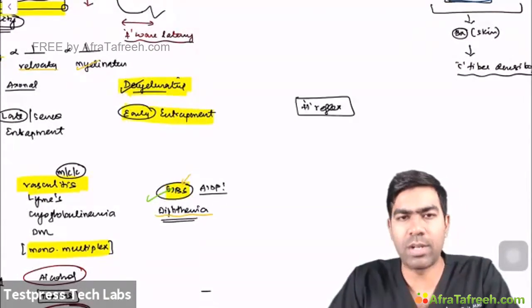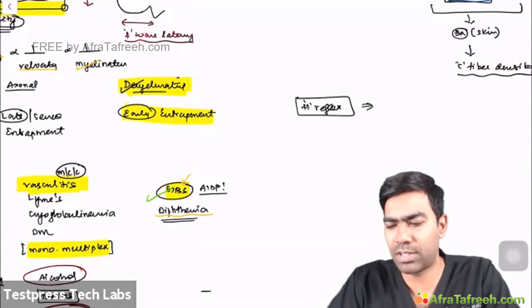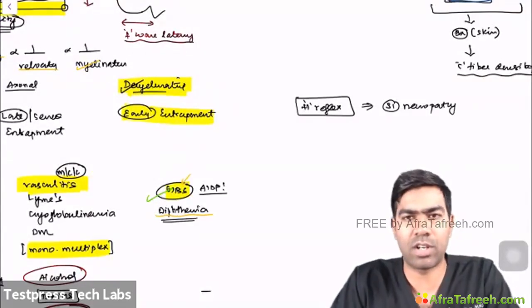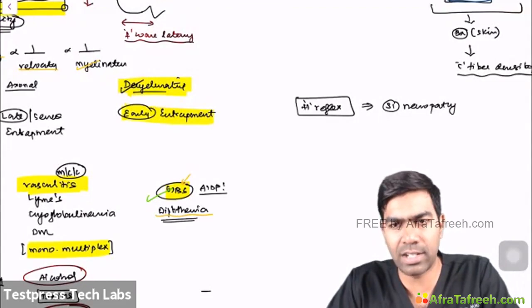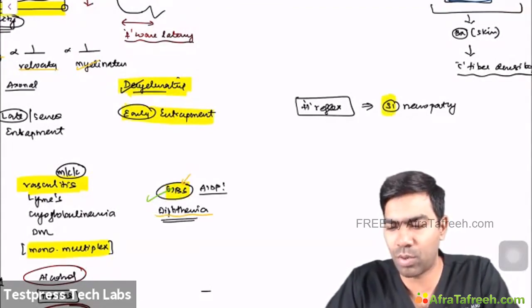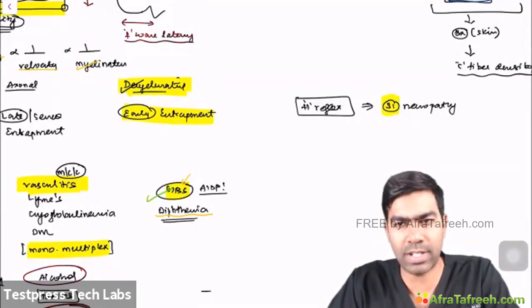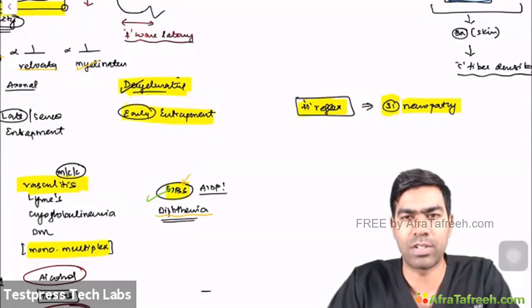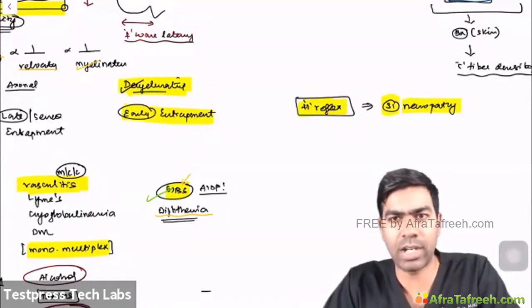So no need to know anything about the H reflex as of now, but the H reflex is very important for testing for S1 neuropathy. So you can remember, this is an ankle jerk or a plantar reflex equivalent. I will tell it as an ankle jerk equivalent because the ankle jerk's most important root value is S1. S2 is also important, but S1 is the most important root value as far as ankle jerk is concerned. And for checking for S1 neuropathy, the H reflex will be useful because it's like doing an ankle jerk only.